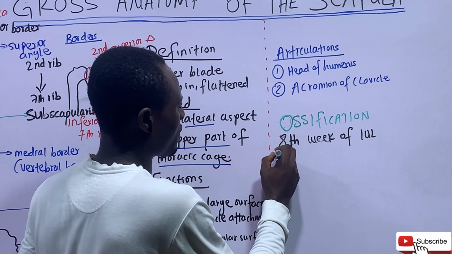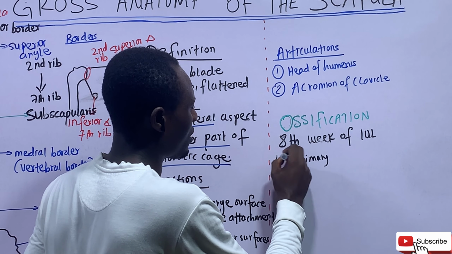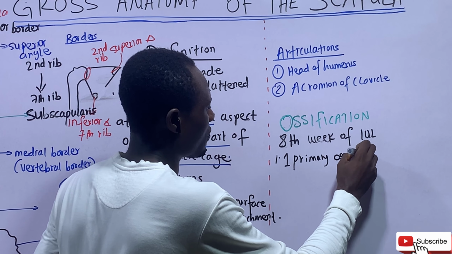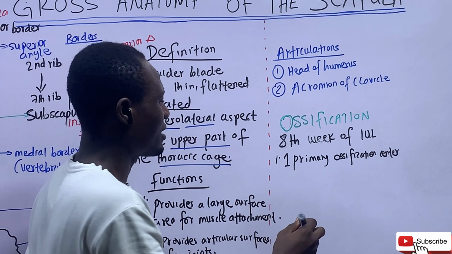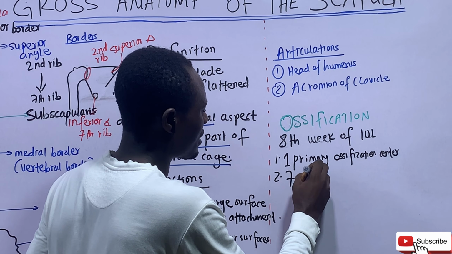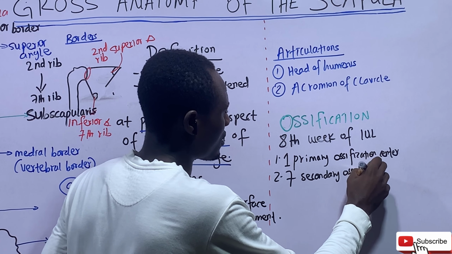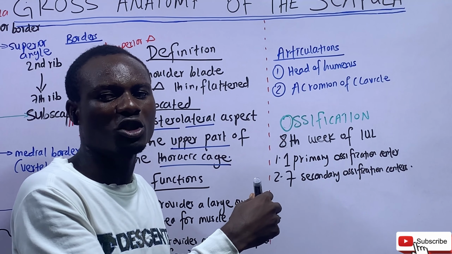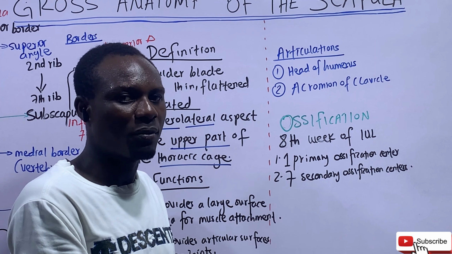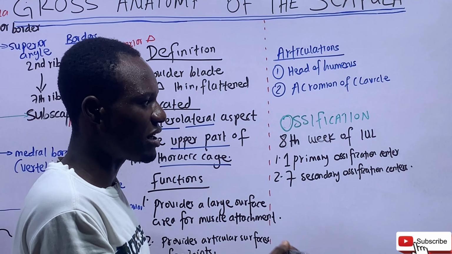And it ossifies from one primary ossification center and 7 secondary ossification centers. The one primary ossification center appears in the body of the scapula, okay?